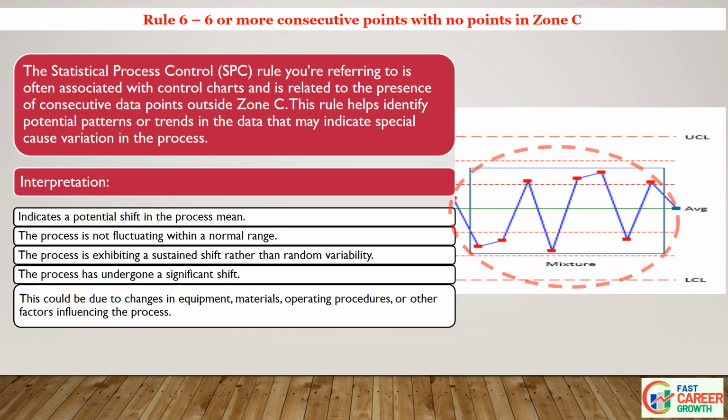If a significant shift is identified and deemed undesirable, corrective actions should be taken to bring the process back into control. This might involve identifying and rectifying the root cause of the shift. Third, update control limits. Depending on the findings, it may be necessary to update the control limits on the control chart to reflect the new state of the process.